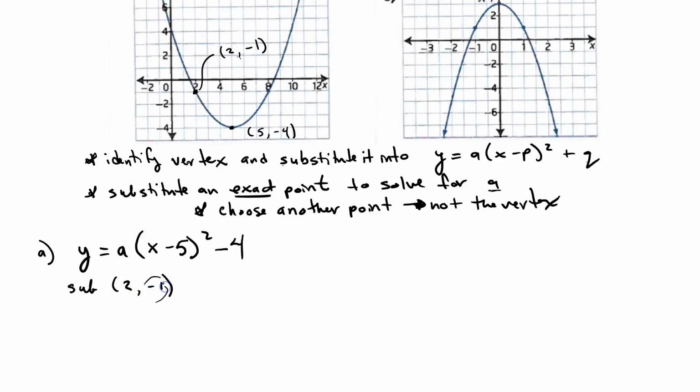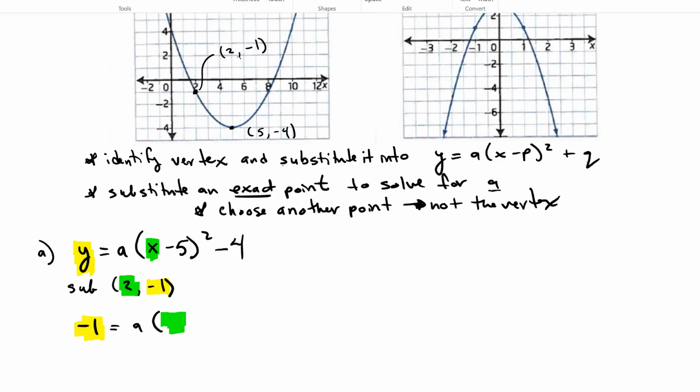So for my y, I'm going to substitute in negative 1. Negative 1 equals a times x, but we are going to actually substitute in our positive 2, parenthetically there. So 2 minus 5 squared minus 4. Now we have one equation and just one variable, so we can solve for it.